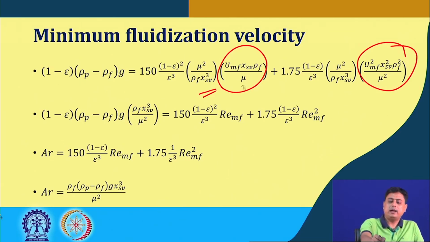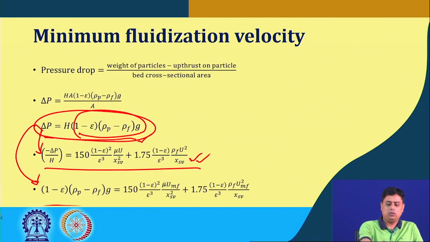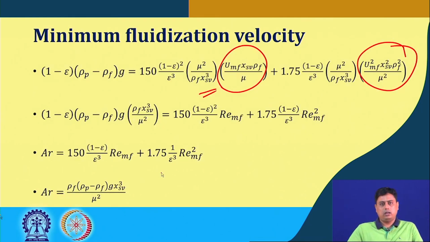To have mu in the denominator, we have multiplied with mu in the numerator as well. So we rearrange this expression to express this relation in a non-dimensional form.